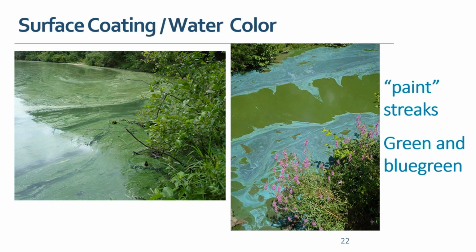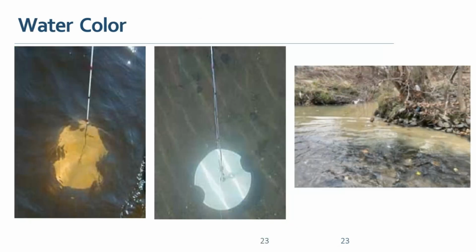This surface coating is actually a harmful algal bloom, and it sometimes looks like paint streaks. Green and blue-green algae can look like this. And in this case, you do not want to be monitoring the stream if it looks like this. But you can finish that part of your data sheet and report it.